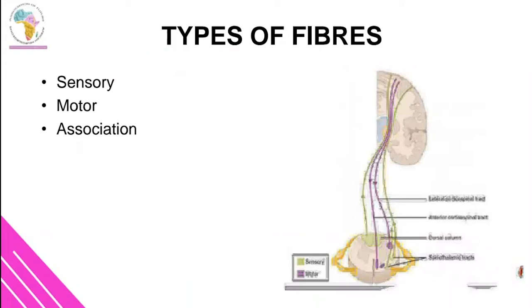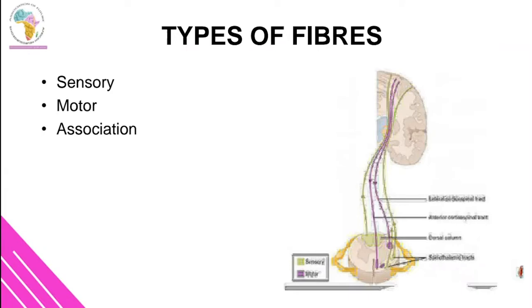So the types of fibers found in the white matter: we've got sensory fibers, which tend to send information from the spinal cord to the brain, or to the cerebral cortex.